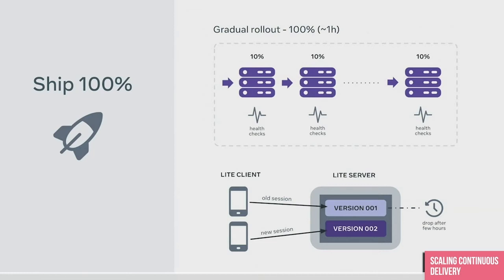This is important because, if you remember, we said this is a stateful service, and it's important that we are not disconnecting any sessions and making the user experience bad. After some time, we will drop version 1 and only version 2 will continue serving users.